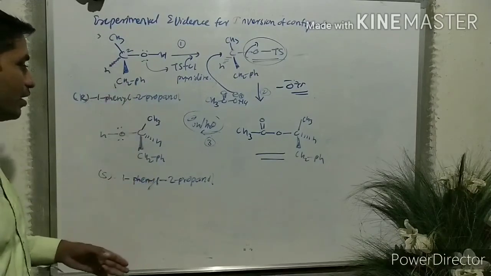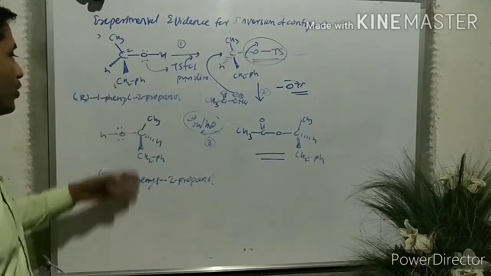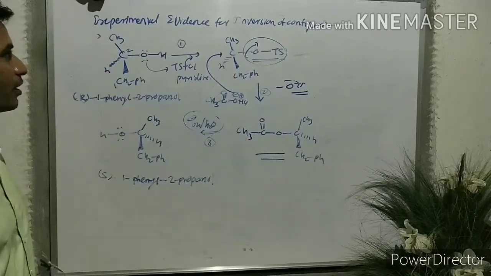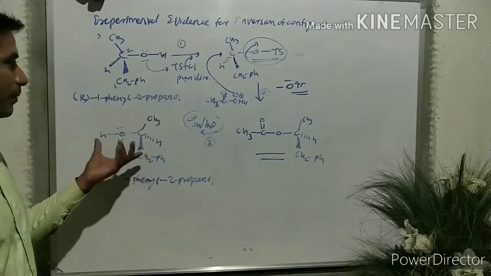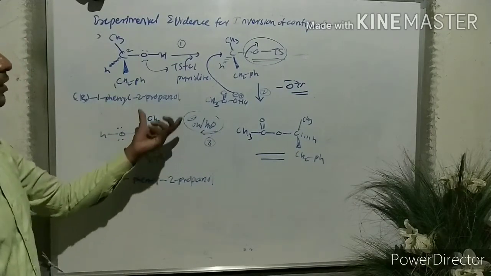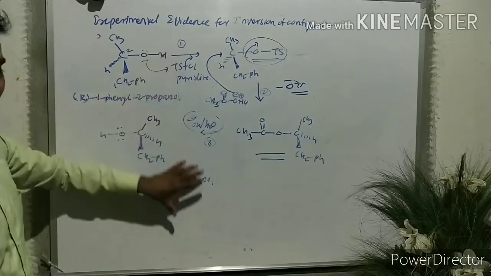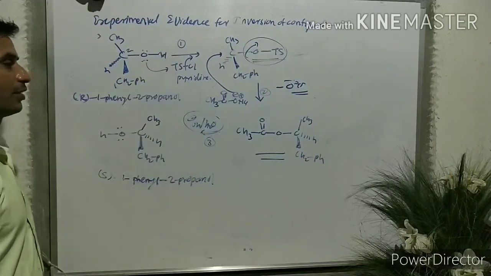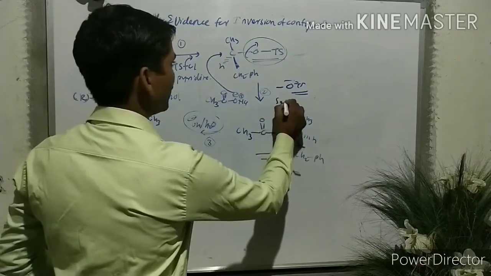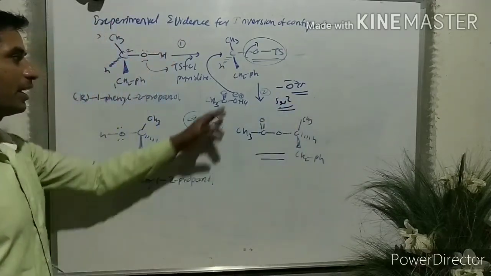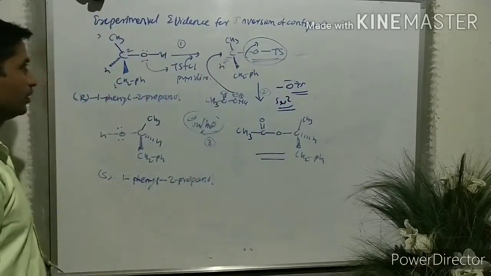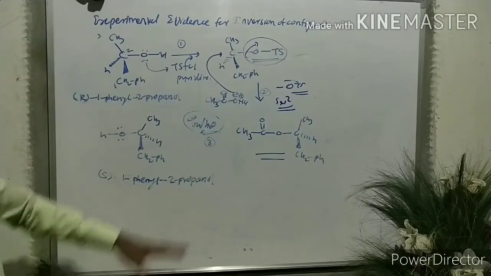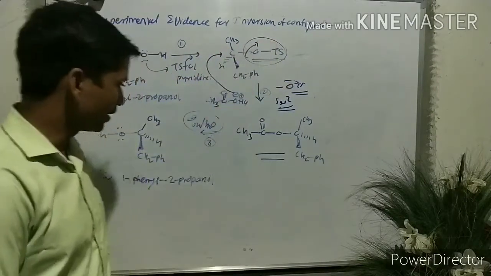So they are enantiomers of each other. This shows that there is inversion of configuration in the SN2 reaction, because it attacks from the backside. So this is the evidence for the inversion of configuration.